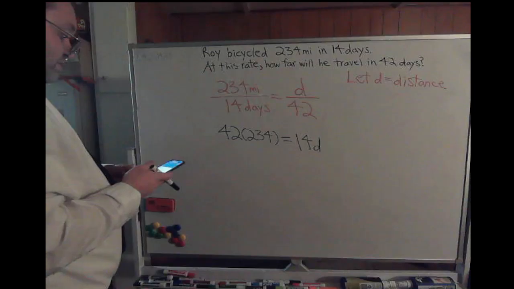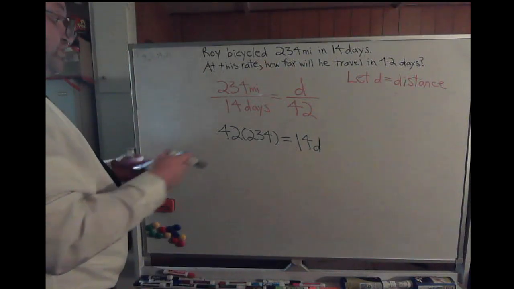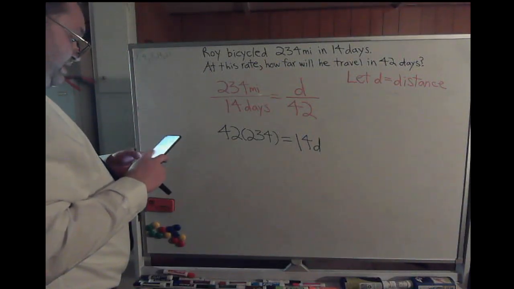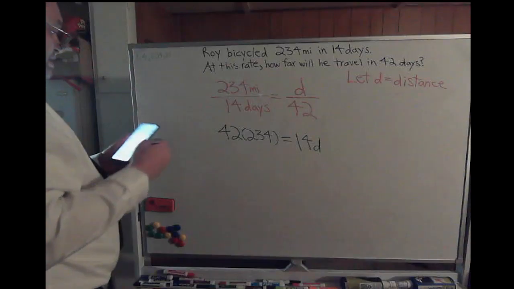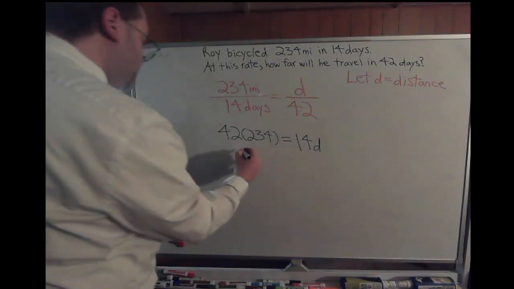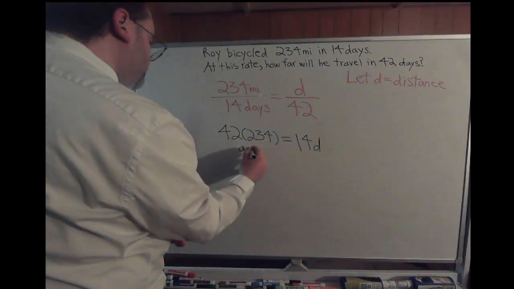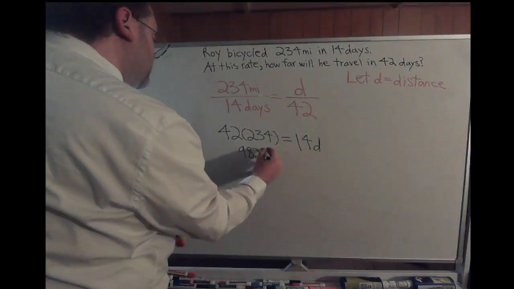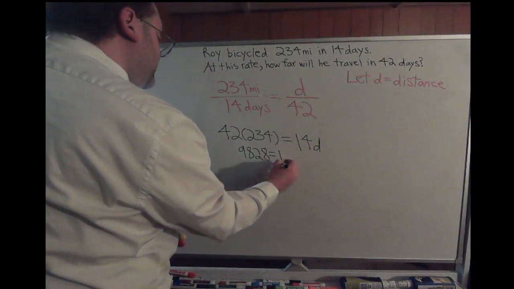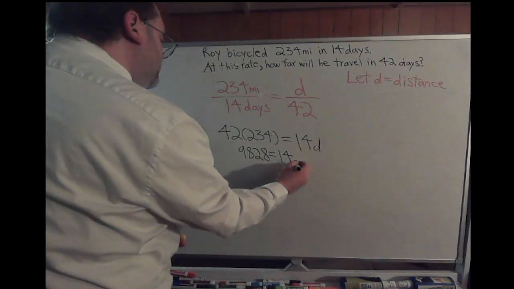So now we have to put in 42 times 234 into the calculator. You would get 9,828. 9,828 is equal to 14D.